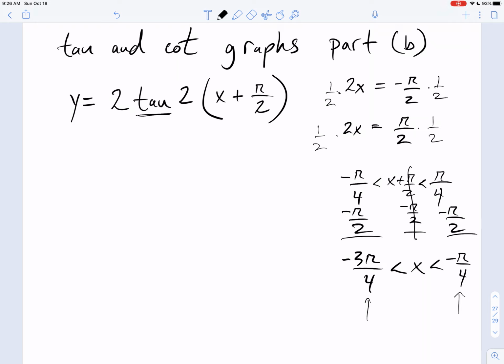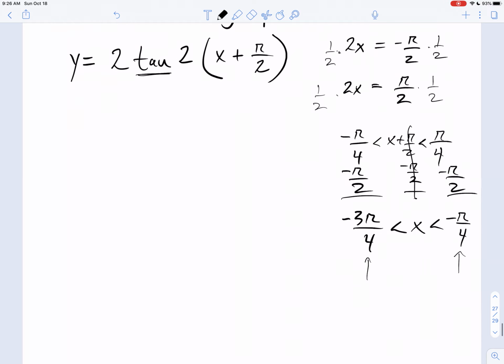You take the width between the two asymptotes, and you multiply that by 1/4 to get your increments. So the distance between my two asymptotes happens to be pi over 2. So I'd multiply by 1/4, and I would get, I'm going to count off by eighths, by pi eighths.